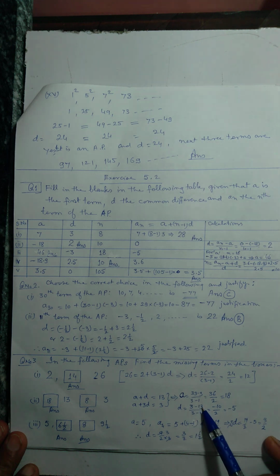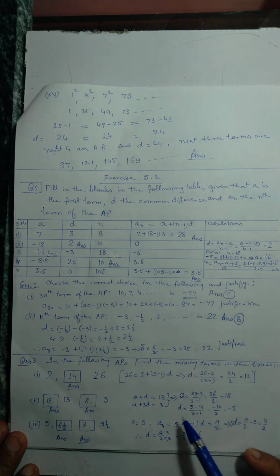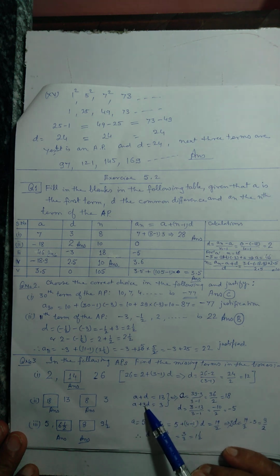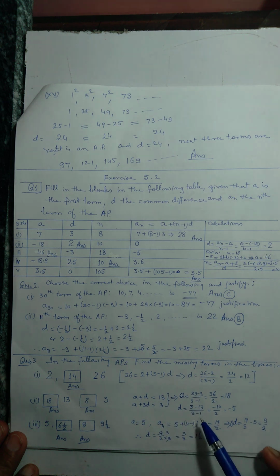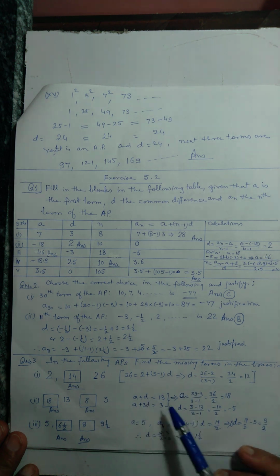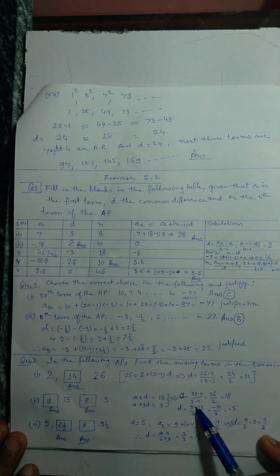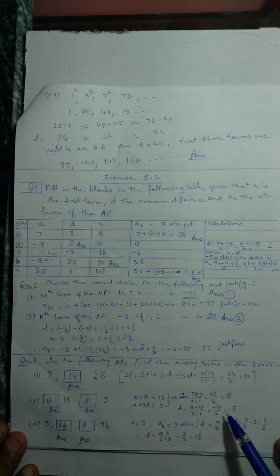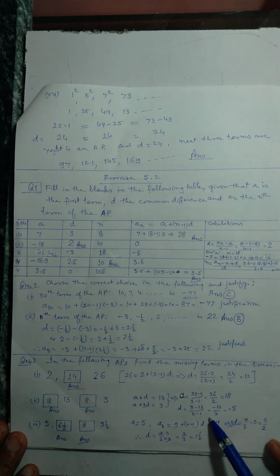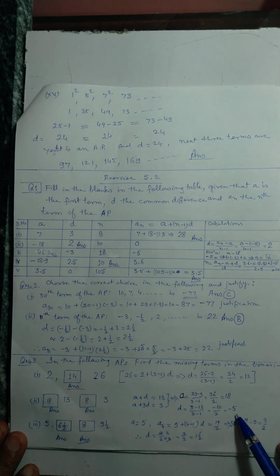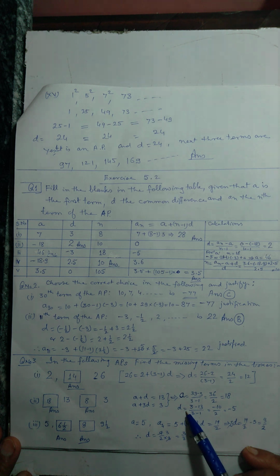So (3 minus 13) whole divided by 3 means 1 into 3, in the denominator 3 minus 1. So minus 1 I have done. You see, 3 minus 13 is equal to minus 10 divided by 2. Ultimately we will get minus 5. That is, minus 5 is the common difference.